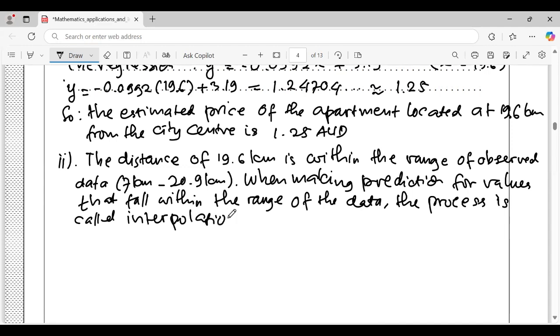Interpolation. This is the first. The second.